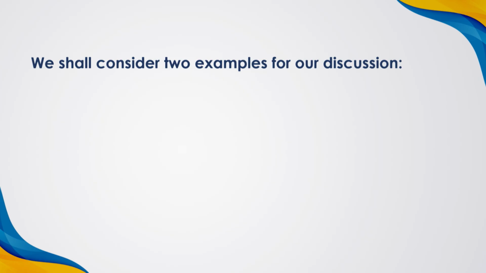We need to check whether an experimental result might have occurred by chance or not. We shall discuss in more detail the logic of hypothesis testing. We shall consider two examples for our discussion.